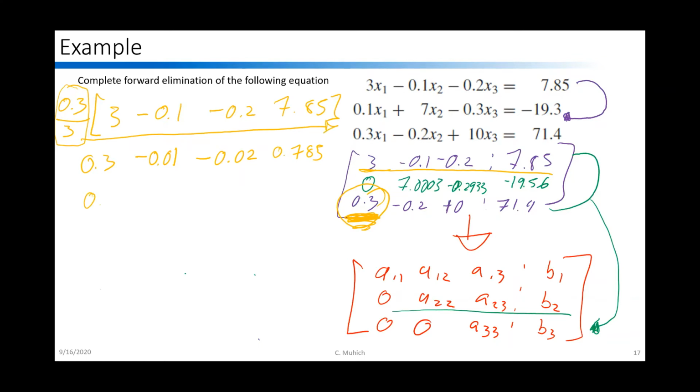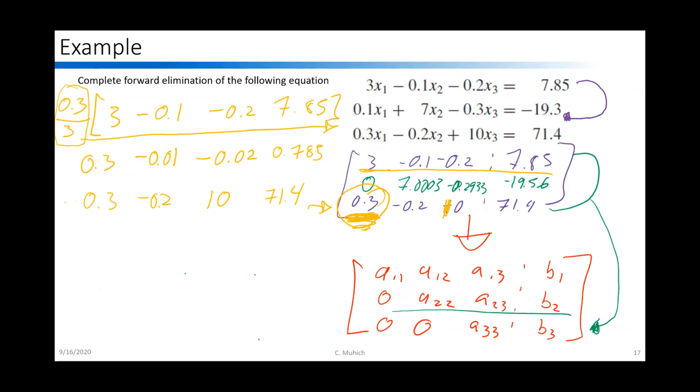Now I can line up my bottom case. That I can write out my bottom row. There we go, 10 and 71.4.